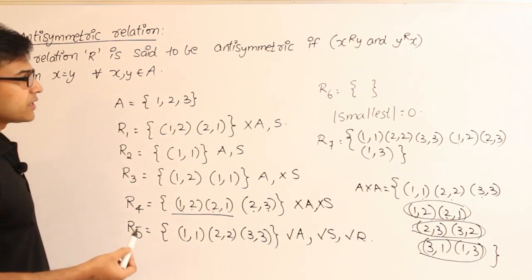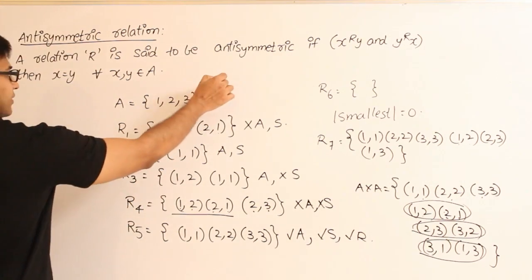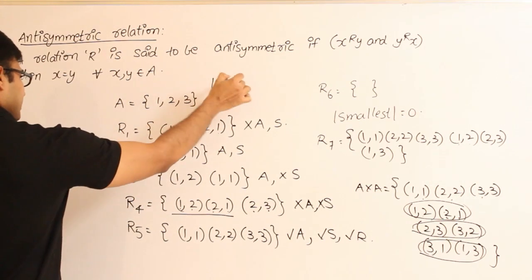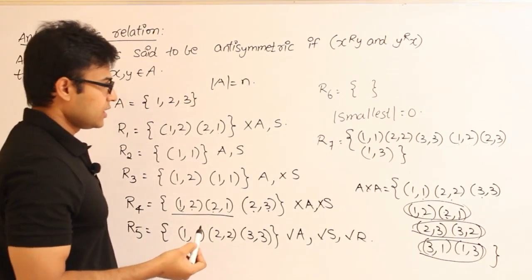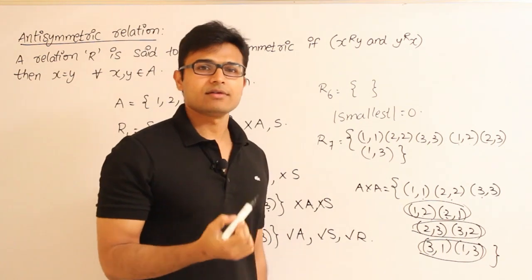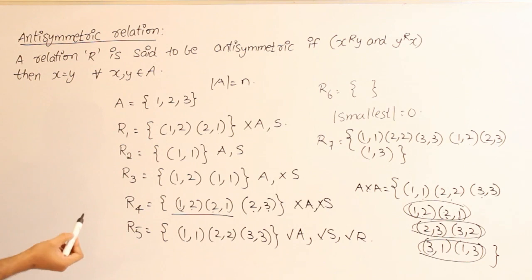But then I want a generic answer. Here the cardinality of A I have taken as 3. If the cardinality of A is n, then what is the cardinality of the largest antisymmetric relation? How can we form it? In order to get that, I am following the same logic.